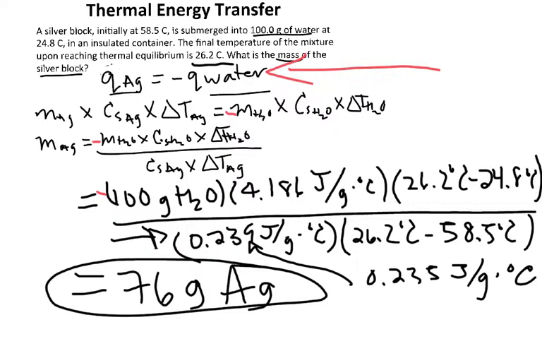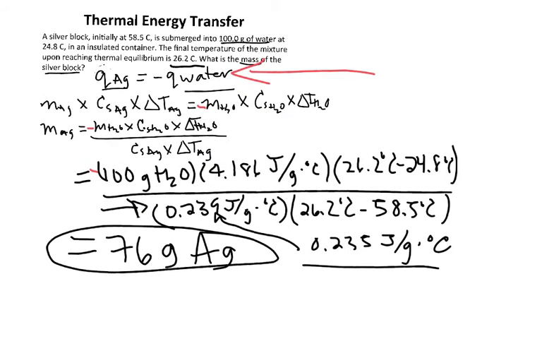I don't think I got this from a correct source, so for your future problems, take my advice and don't Google things like I did. But if you did it with this correct value, you would get a slightly different answer: you would get 77 grams of silver.